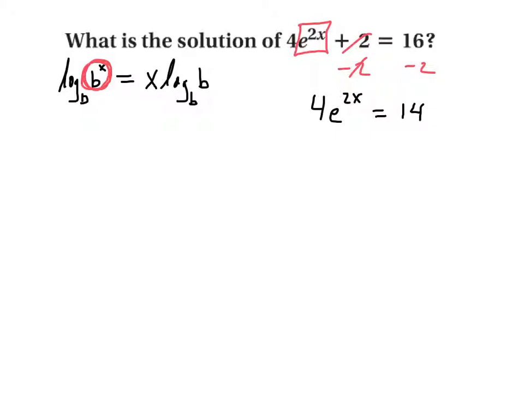You can't move that 2x out in front, because that 4 is in the way. So we've got to get rid of that 4. We only want the item that's being raised to the exponent. So e to the 2x equals 7/2.